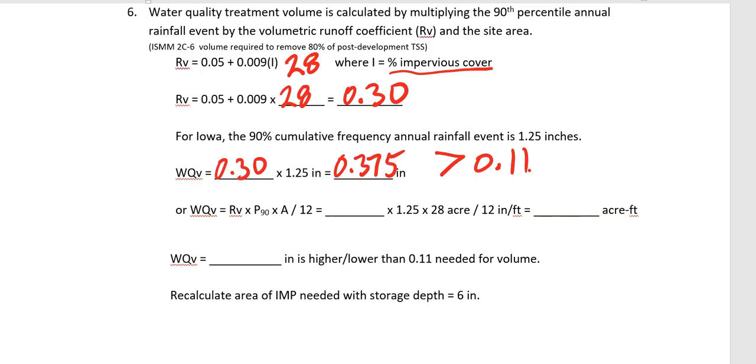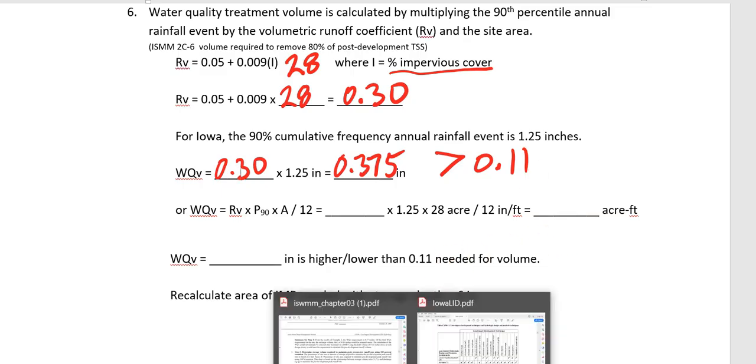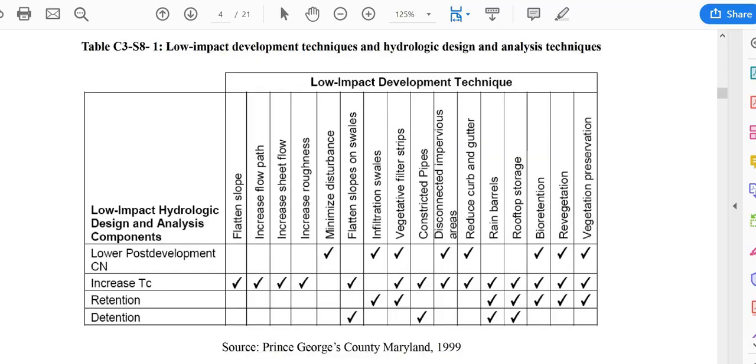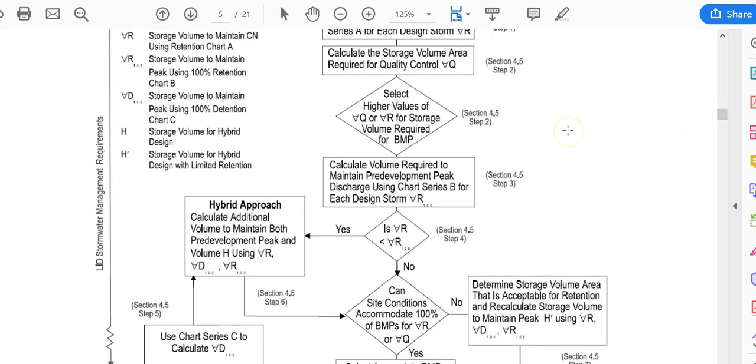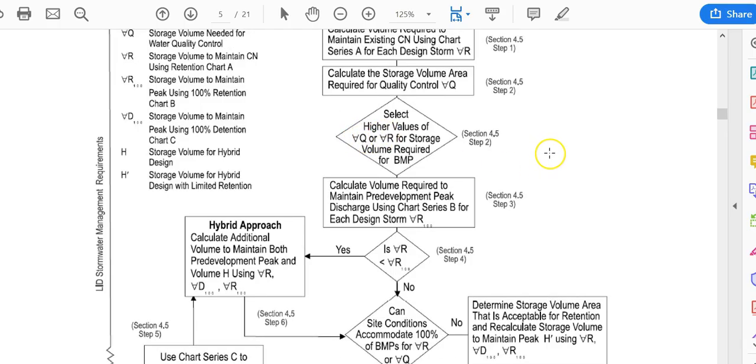A BMP or IMP to hold the volume might also be used for water quality. If it doesn't remove any volume, then we might have to add them together. But generally, in the document, it says to select the higher values of volume Q or volume R. What's volume Q?